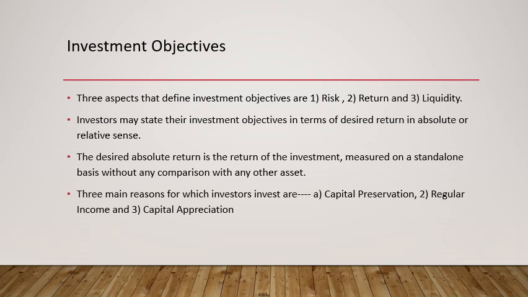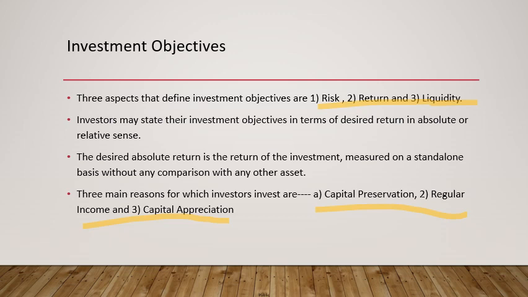Three main reasons for which investors invest are capital appreciation, regular income, and capital preservation. So you may get a question in the exam also, which is: which of the following are objectives for making investments? Please do not forget these 3 points, which are capital preservation, regular income, and capital appreciation. Similarly, please do not forget that there are 3 aspects that define investment objectives: risk, return, and liquidity.